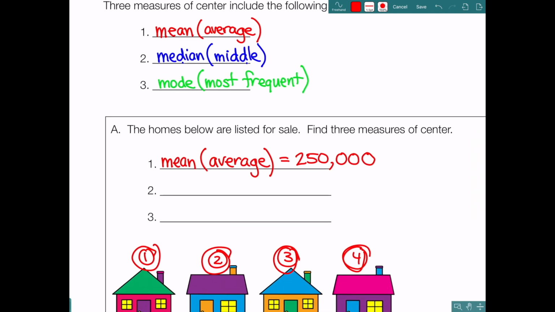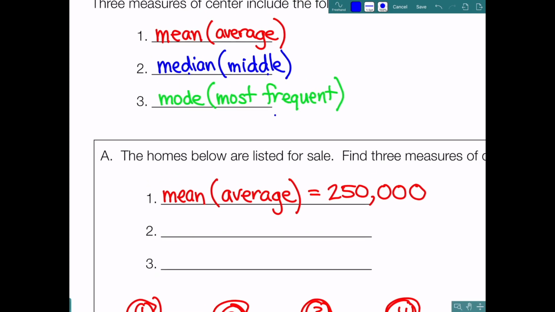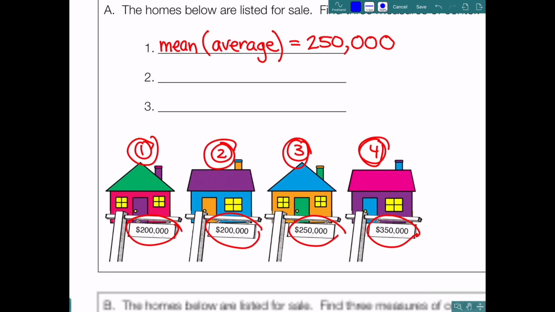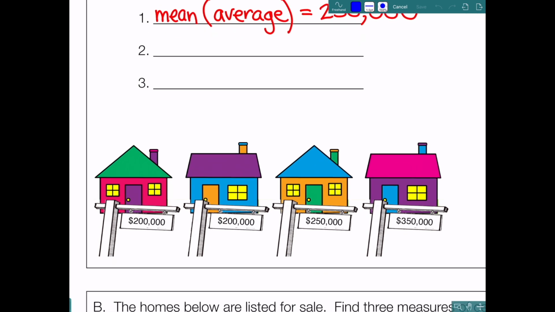Now let's measure the center a different way. Instead of using the mean in red, let's switch to blue and find the median, or the middle. It's really easy to do. Let me clean this up so that it's clear. All you have to do is look for the house exactly in the middle, making sure all the values are in order from smallest to biggest.